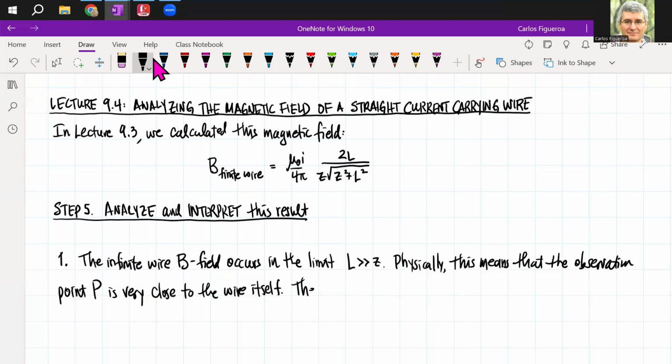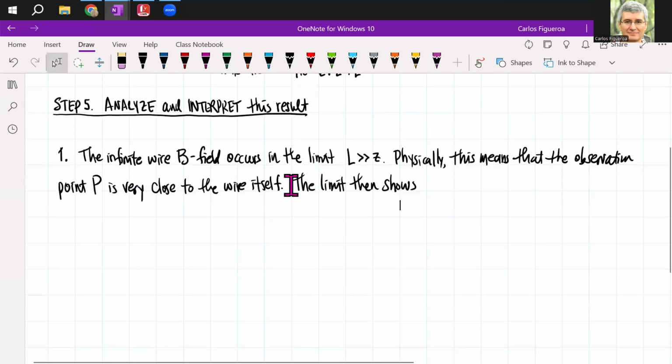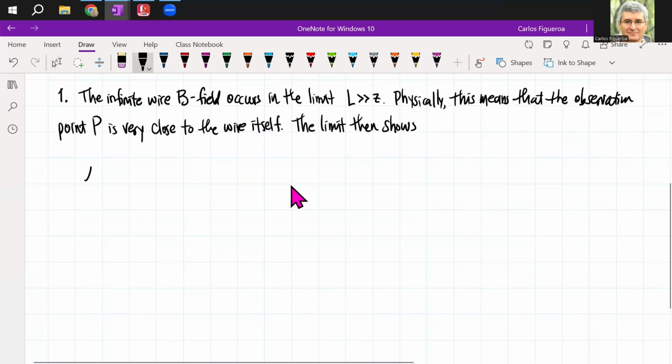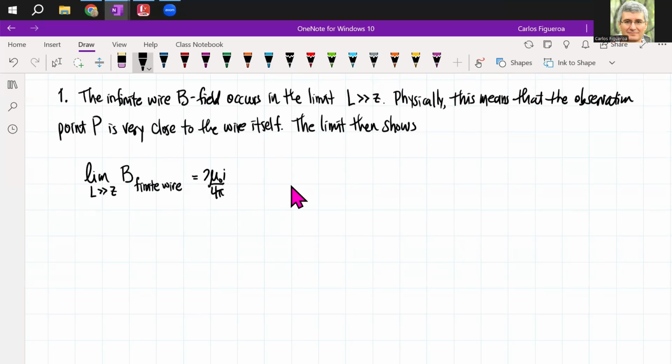So the limit then shows the following. In the limit, as L is much, much greater than Z, this will be B of the finite wire. And then my constants that I can pull out are going to be 4 pi. There's a 2 here.